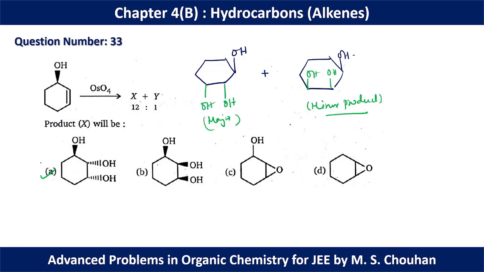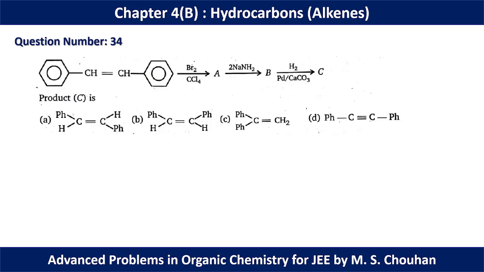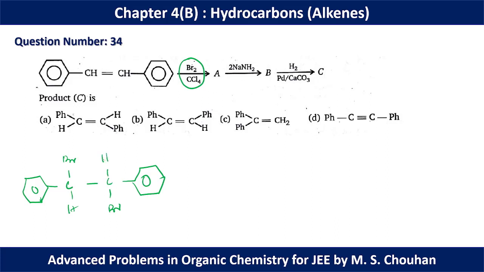and that's why for question number 33 option A should be the correct option. In question number 34, first we have a bromination reaction. So we have this situation, bromine. Now we can draw two hydrogens here like this. So we have two hydrogens here.